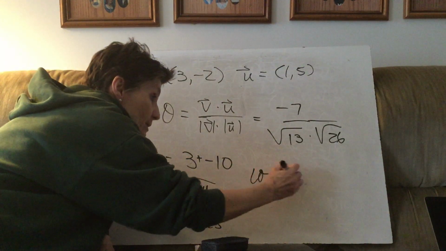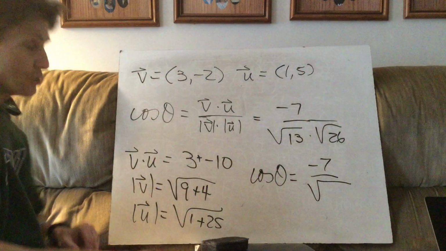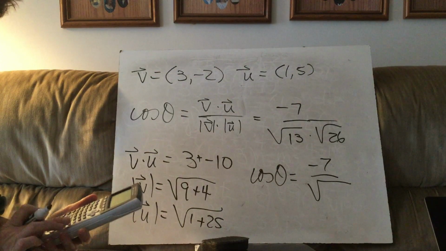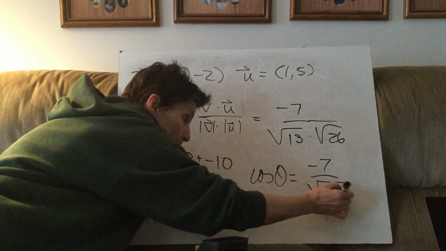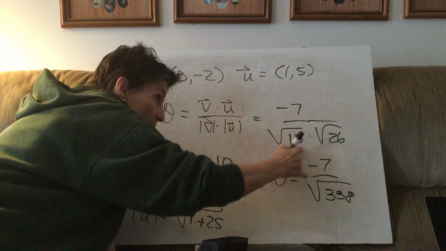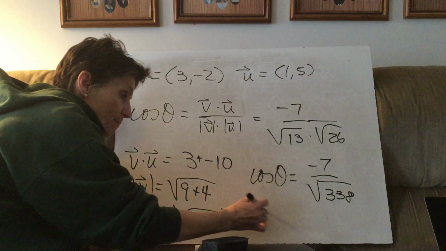Before we go to the calculator, or at least before we find the angle, let's put those 2 together. So 13 times 26 is 338. So instead of having 2 little radicals down there, I have 1 big one now. It makes it easier to type in.